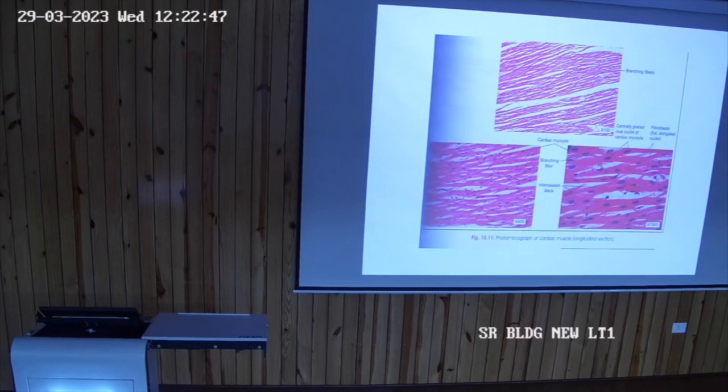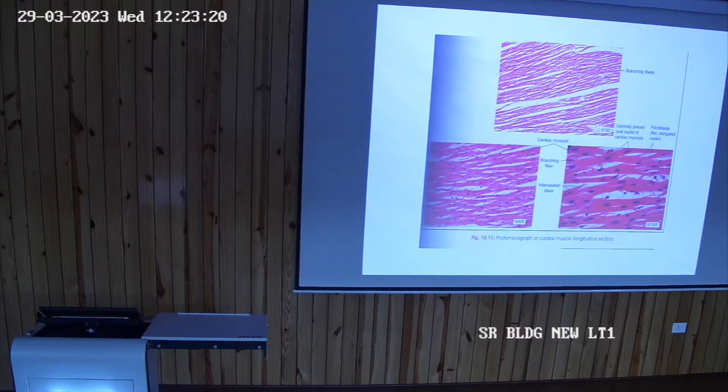No doubt, the books mention that there is also the intercalated disc of cardiac muscle, which is a special feature of the cardiac muscle. But that intercalated disc you can see only under the electron microscope. Follow my point? So while replying to the examiner, don't mention the intercalated disc.